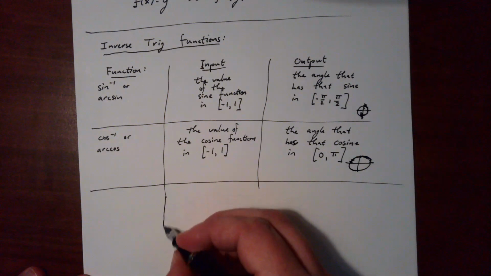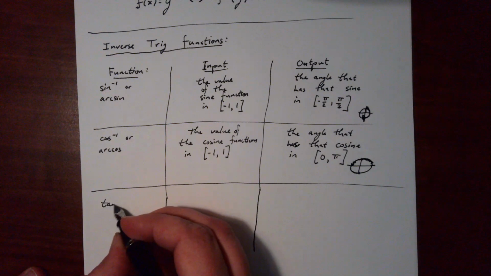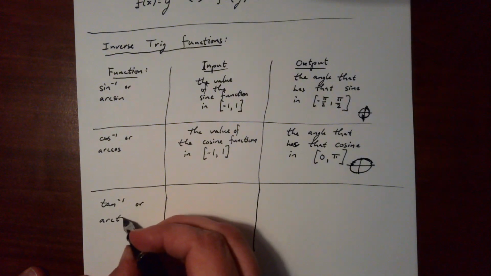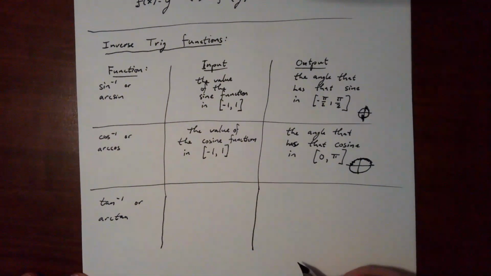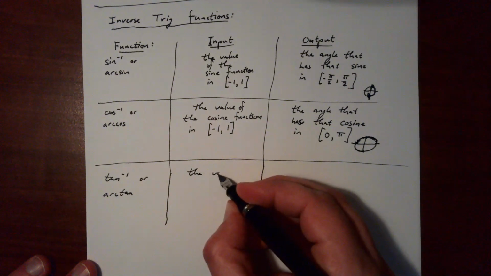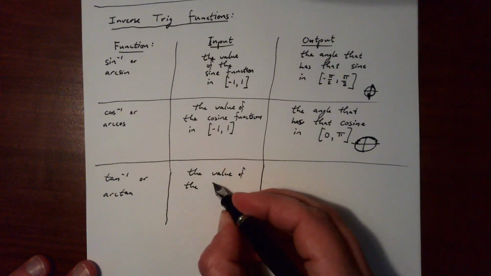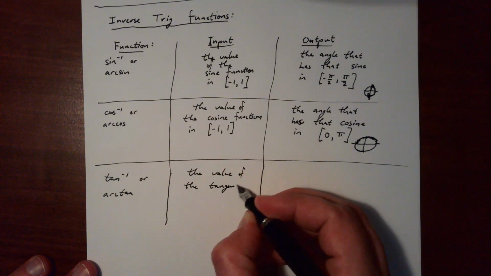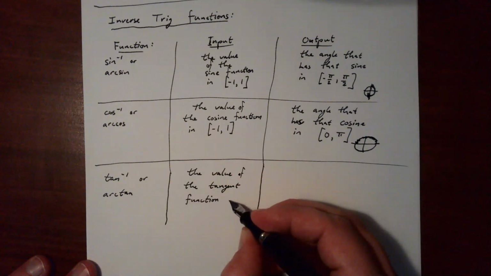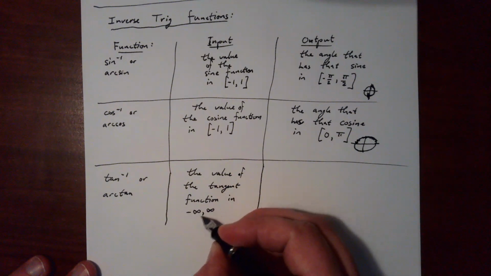Alright, and then finally, the tangent. So tangent inverse, or arctan, just two different ways of writing it, two different names for it. So this will be the value of the tangent function and this is going to be in negative infinity to infinity, so in other words, anything.